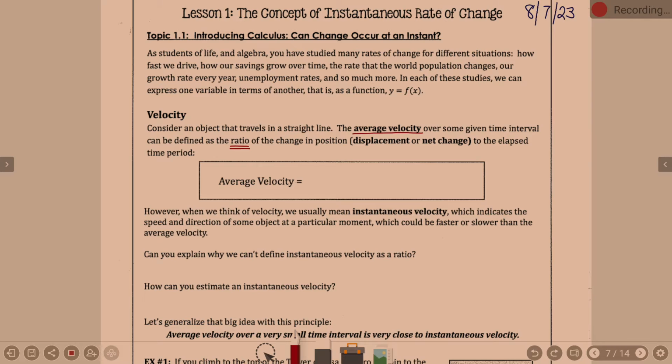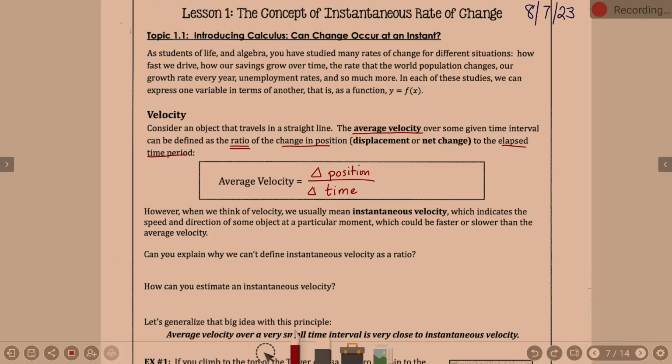So when we talk about average velocity, change in position over elapsed time period, I'm going to define that as change in position over change in time. Now, I used a little triangle.